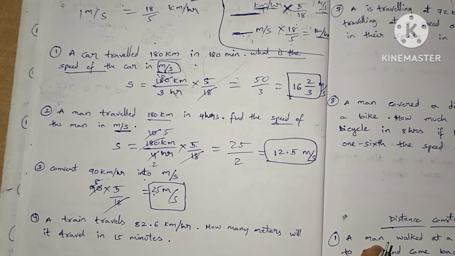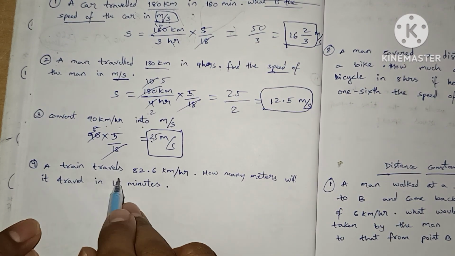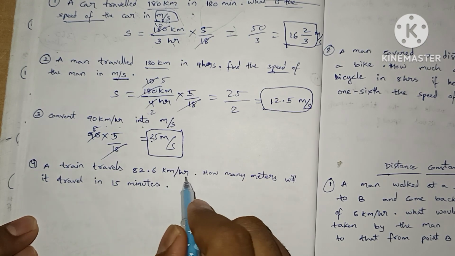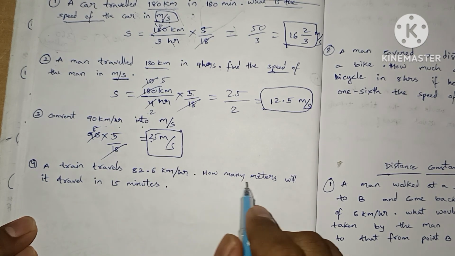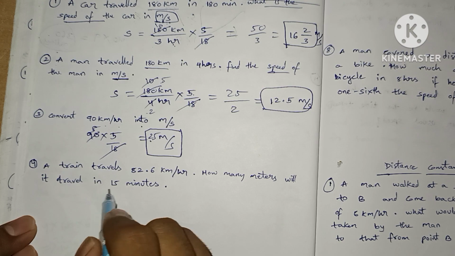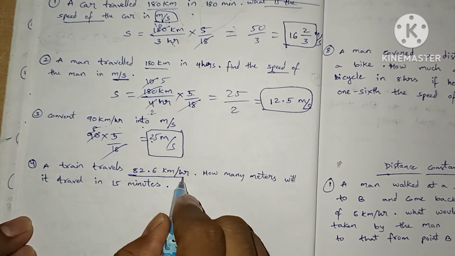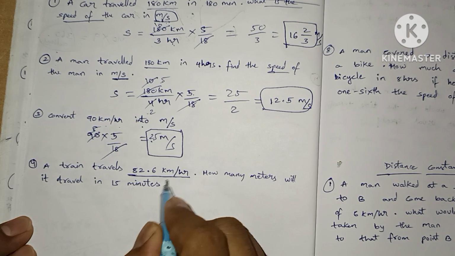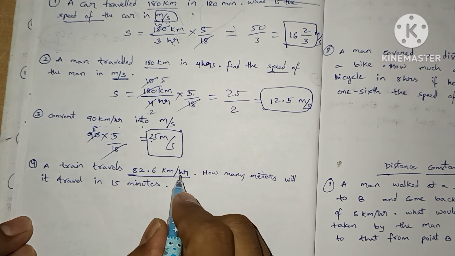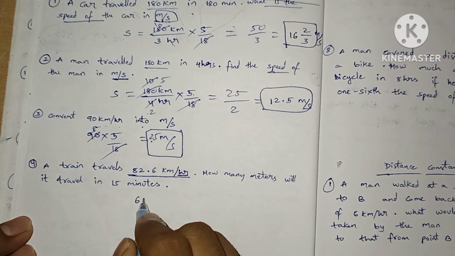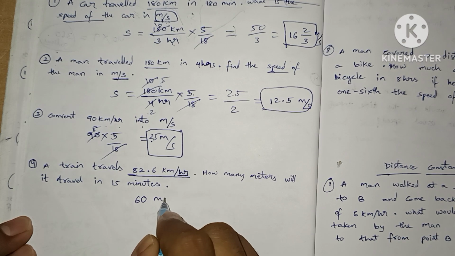Okay, let's see the fourth question. A train travels 82.6 kilometers per hour. How many meters will it travel in 15 minutes? Okay, here kilometers per hour means speed. So per hour, in an hour we have 60 minutes.